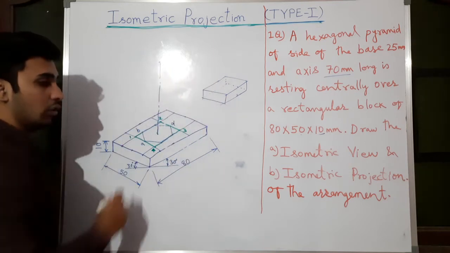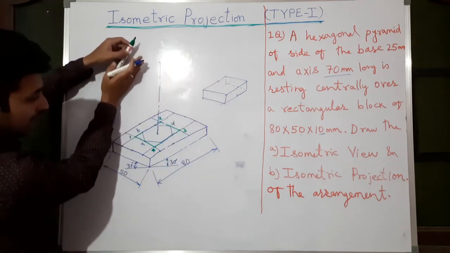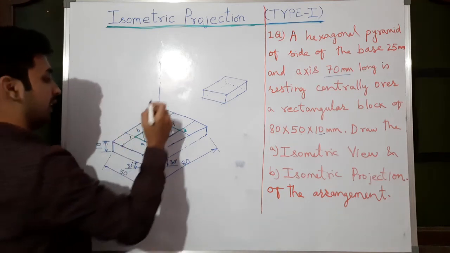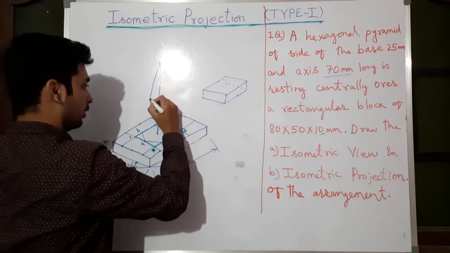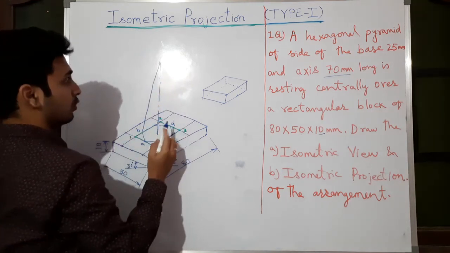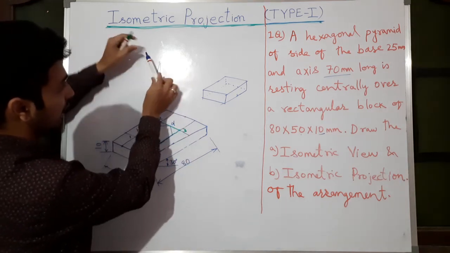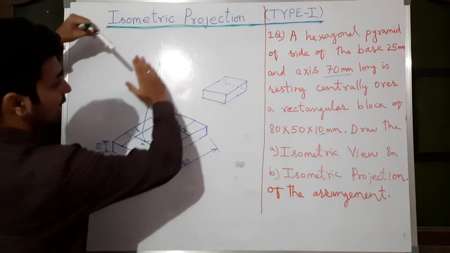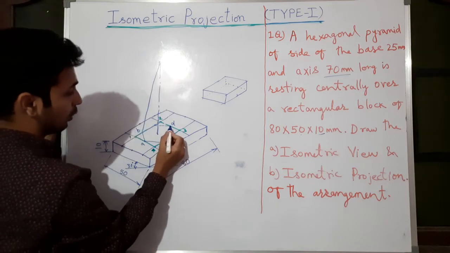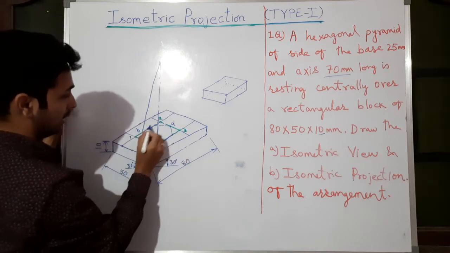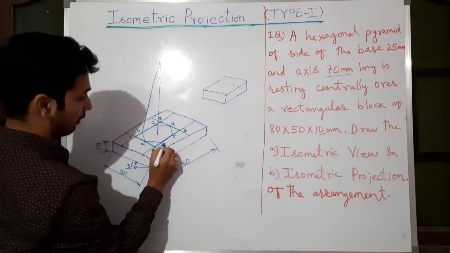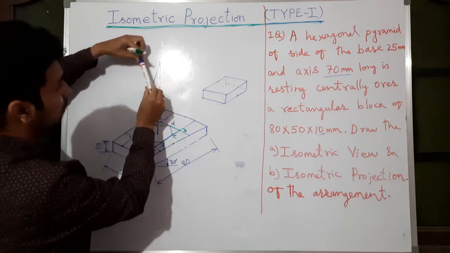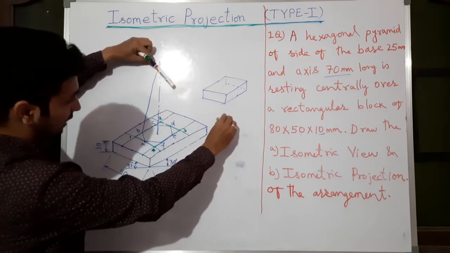Now you keep your scale here and bring it like this. Whichever corner touches first, that will be the side where you are joining. So here also you keep your scale at this point and bring it like this. If you bring your scale like this, the first point that comes in contact is D. So this is A, B, C, D, E and F. Imagine a long scale kept here and rotated like this.